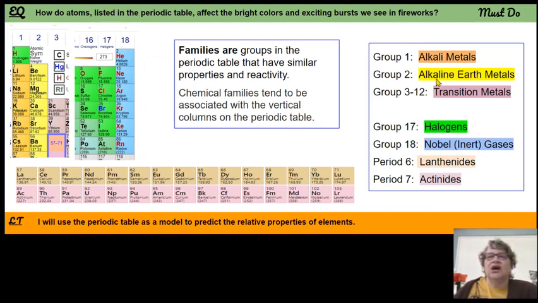Group 2 is the alkaline earths. Groups 3 through 12 are the transition metals. Group 17 is the halogens. Group 18 is the noble gases. Period 6, in the two rows at the bottom, are the lanthanides and the actinides.